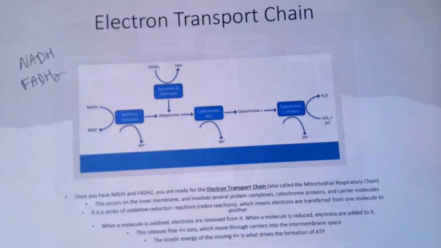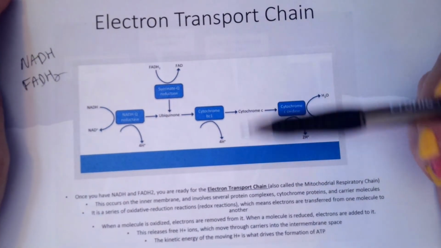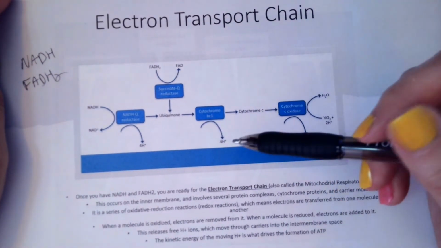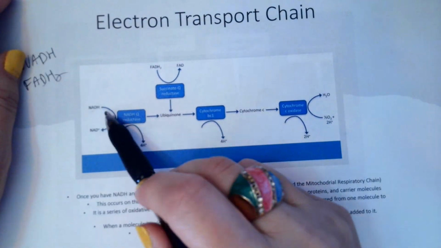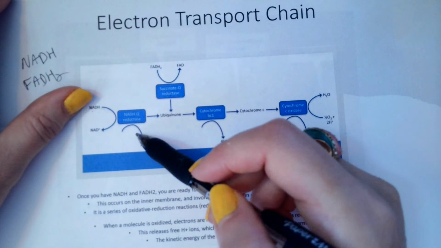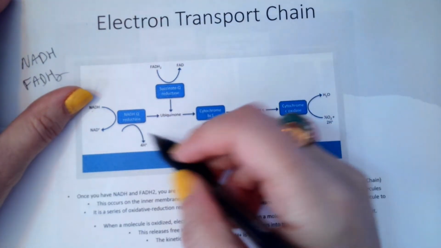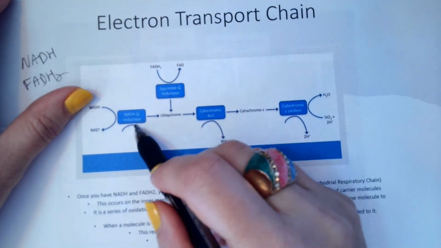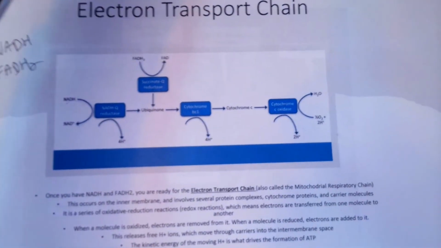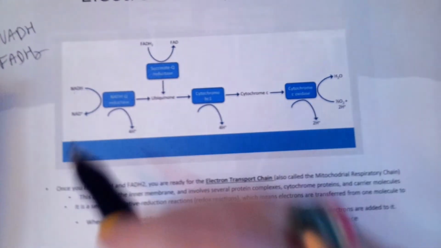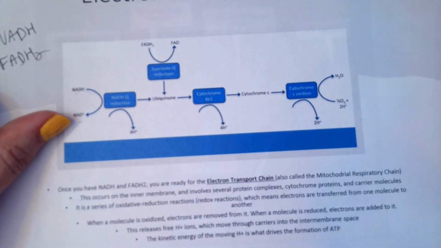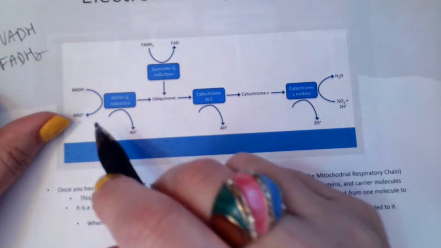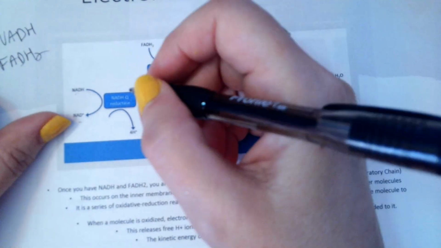So we're just doing redox reactions here, bouncing that electron from one molecule to another. So here we have NADH. We take the electron off and we bounce it onto the electron transport chain. That leaves us with NAD+. That's really not clear on the screen here, is it?